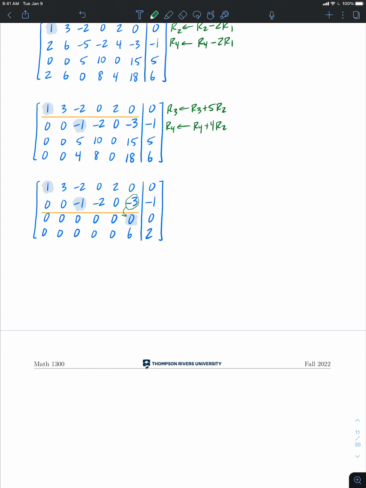But then it wouldn't be a pivot position anymore, because we would introduce non-zero entries in these elements, and then this would not be a leading entry, so it can't be a pivot position. So when you're swapping rows to get rid of a zero pivot entry, you can only swap with rows that are below that pivot position. So that's a bit of a digression, but that's important to say.